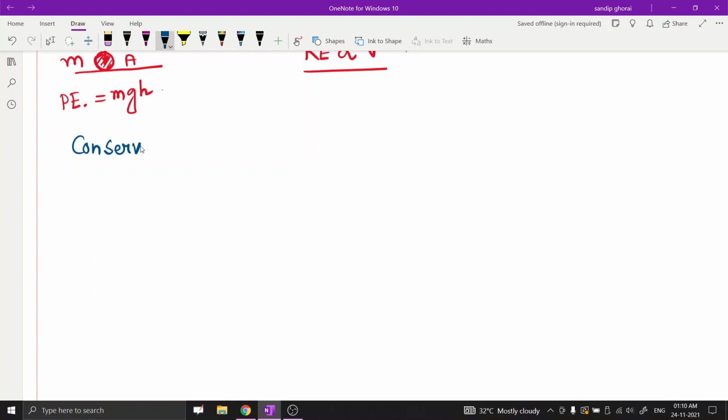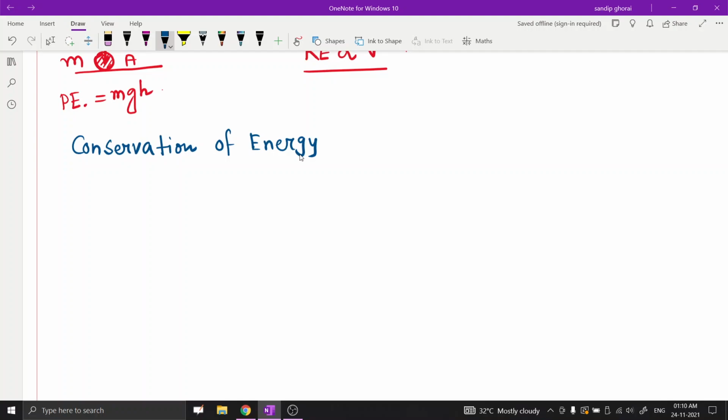Simply we can say in our universe, for this particular law, the sum of total energy of all kinds always remains constant.